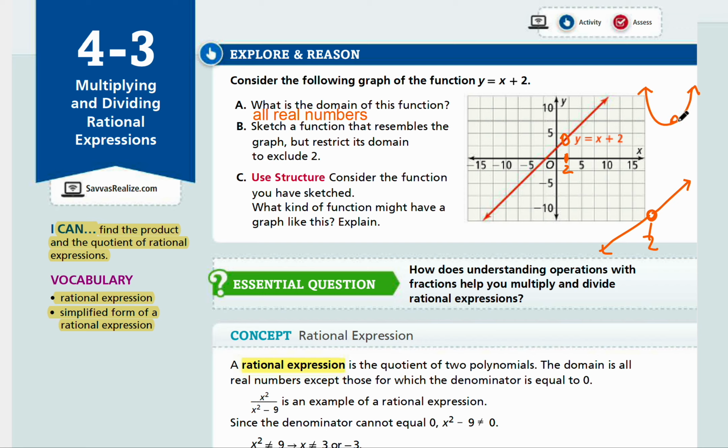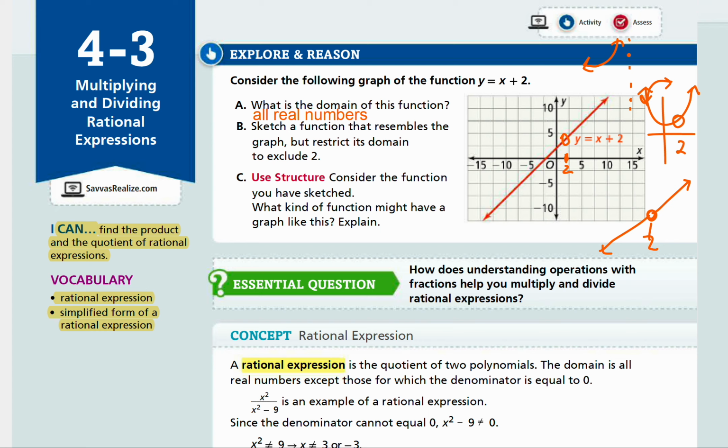This could be 2. Or you could have rational functions that may have an asymptote at 2, right?